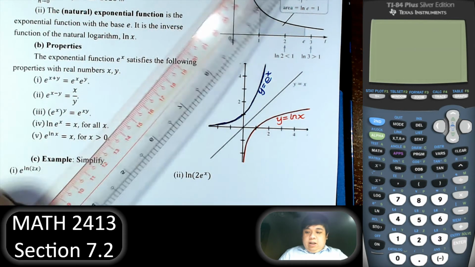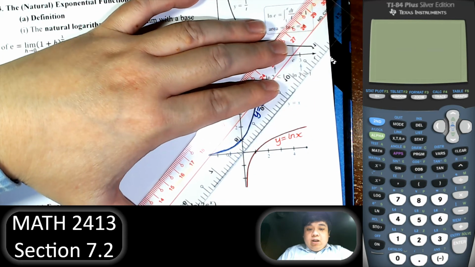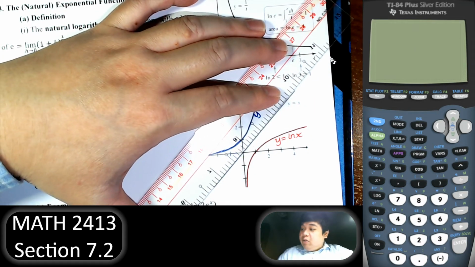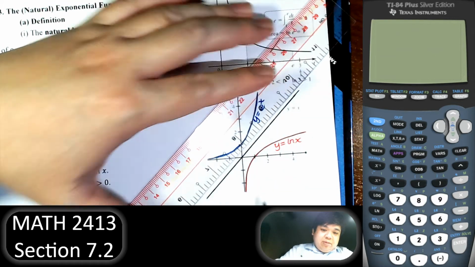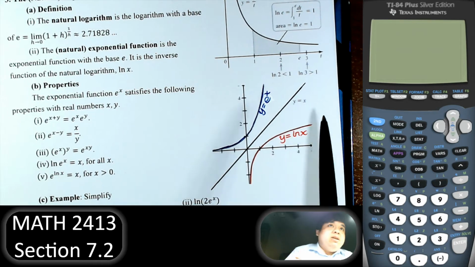Of course, this is a property of inverse functions: the graph of the function and its inverse are symmetric about the line y equals x. So this is the graph of e to the x.